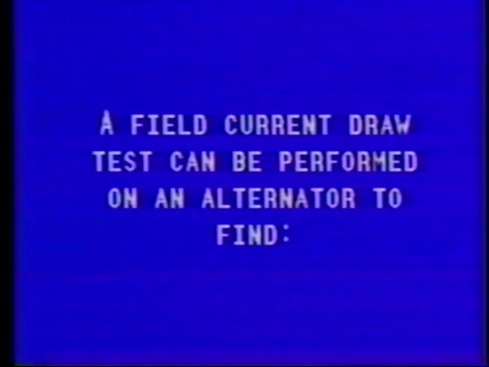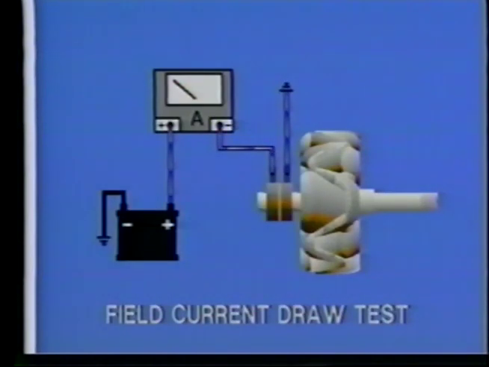A field current draw test can be performed on an alternator to find A, grounded field windings, B, a shorted rotor, C, poor brush contact, D, all of the above. This simple choice question tests your knowledge of testing procedures for alternators. The field current draw test involves the measuring of the current in the field circuit of the alternator without the engine running.